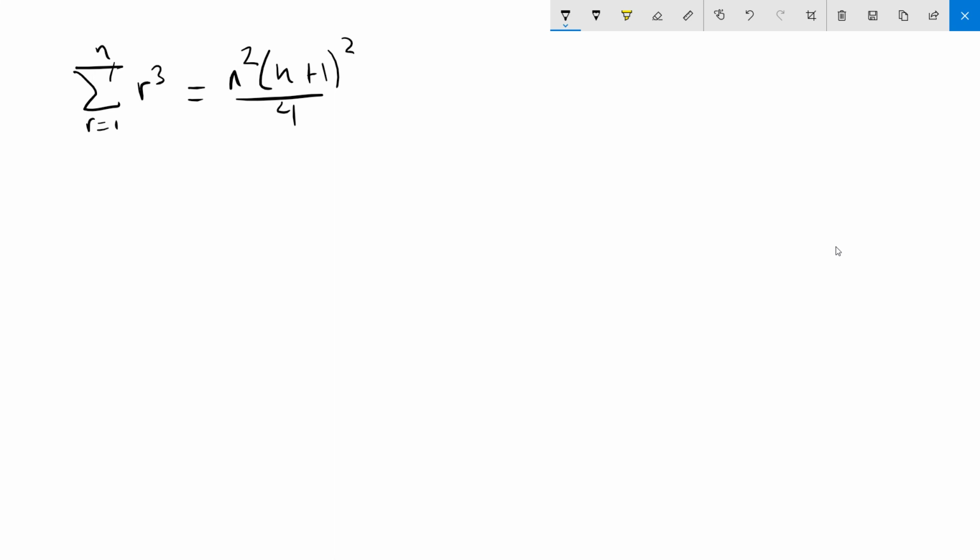So what we're going to be doing is we want to prove this sum right here. We want to prove this formula by using the fact that 4r to the power of 3 is equal to r squared times (r + 1) all squared minus (r - 1) all squared times r squared.